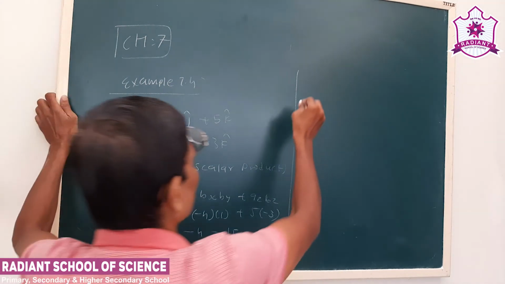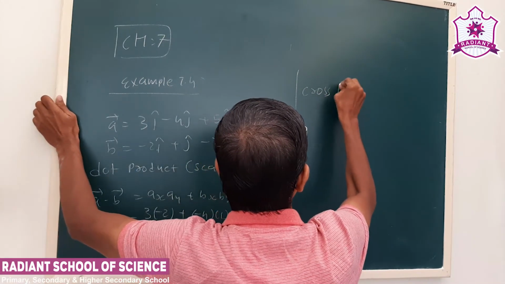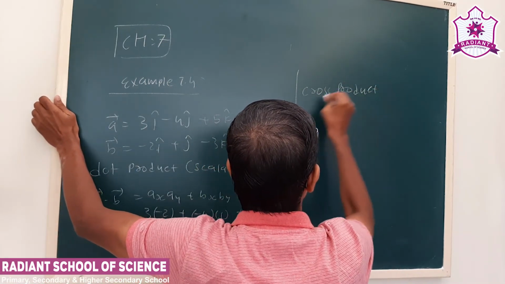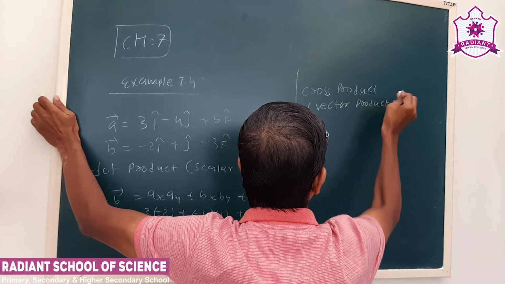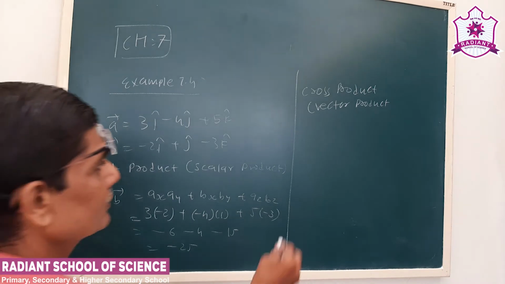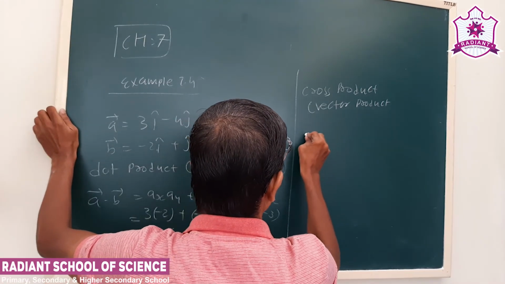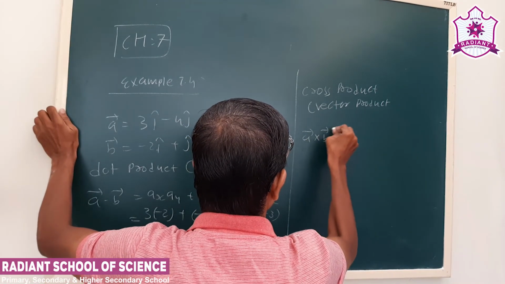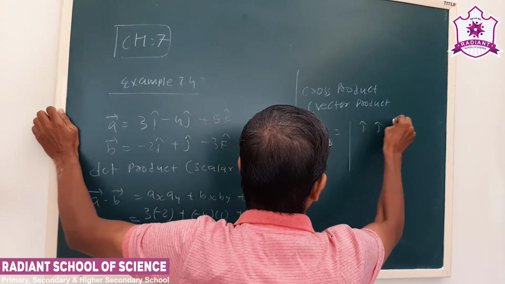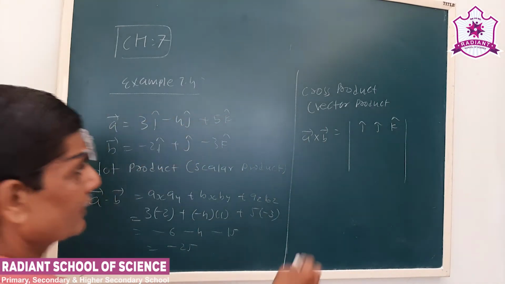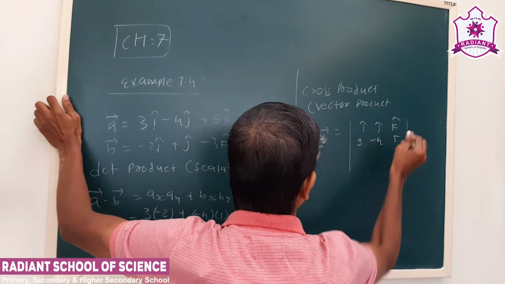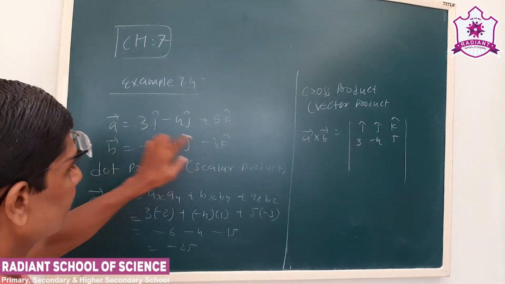Now see the cross product, or vector product. We can write A cross B with I, J and K. Now see what are the coordinates: 3, minus 4 and 5, and minus 2, 1 and minus 3.